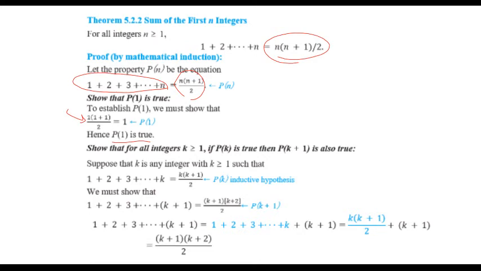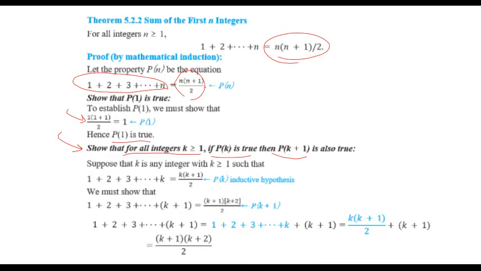Usually the first step is the easiest step, so in order to finish the proof, we only need to prove the second step, which is a universal conditional statement. It basically says for all integers k greater than or equal to 1, if P of k is true, then P of k plus 1 is also true.